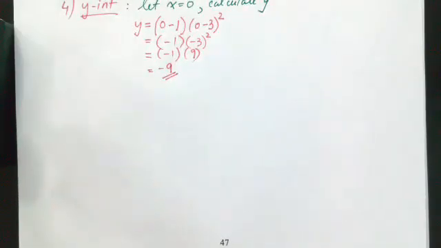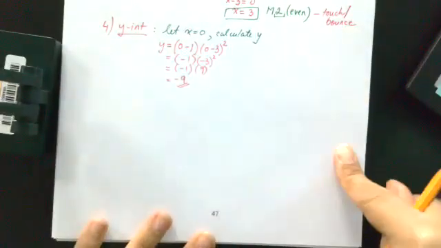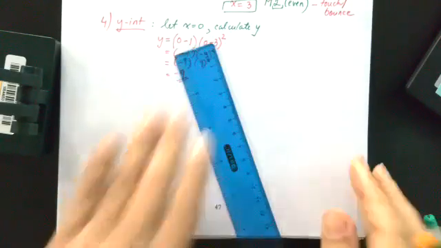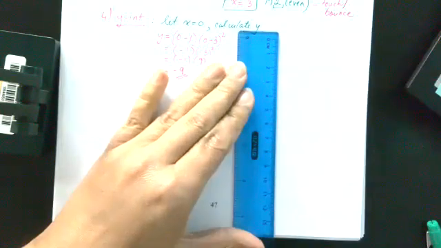Okay, now grab a ruler and a pencil. I usually do my graphs on the bottom right side of my page. I want to sketch the Cartesian plane.